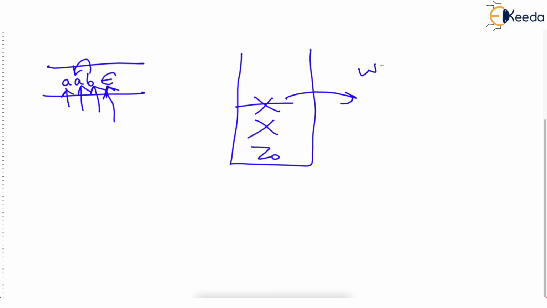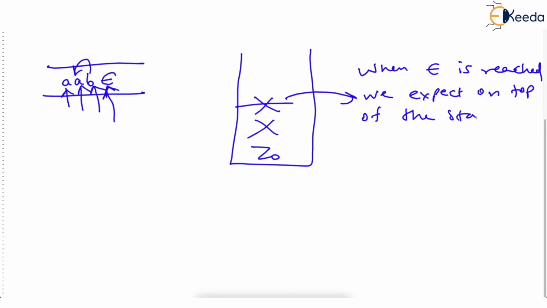Now when epsilon is reached, that is the end of the string, what do you expect on the stack? Come again, what do you expect on top of the stack? We expect Z0. Yes, we expect Z0, because if the end of the string is reached, then all B's must have cancelled all A's.